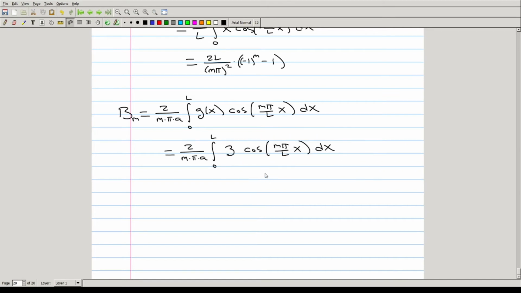And this integral then ends up being 0 because it's the integral of cosine of m pi times x over L from 0 to L.